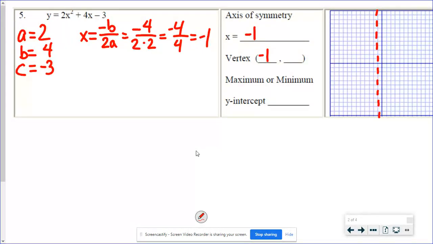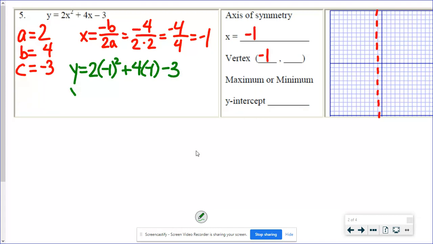Now that I know the x part of my vertex, I have to find the y part. So the y is going to be 2, and then instead of the x, I'm going to put in a -1 squared plus 4 times -1 minus 3.